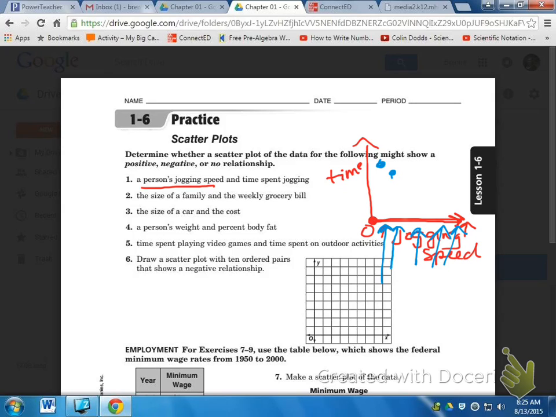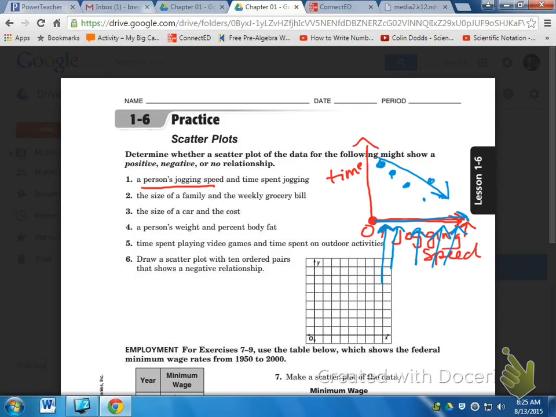It's going to decrease. Yeah, so it's going to generally go down. Now, they may not be perfect every day, but if they get faster, their time outside should go down, correct?